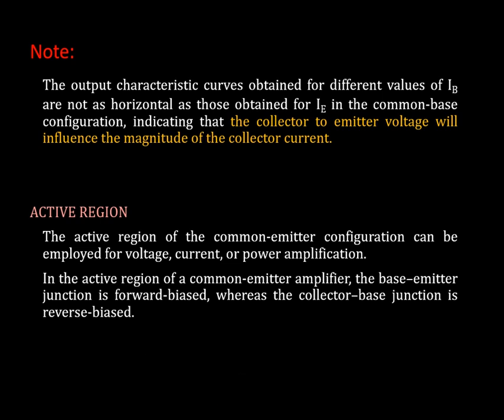Now one point to note here is that the collector to emitter voltage will influence the magnitude of the collector current in common emitter configuration. This one also we discussed. The active region of the common emitter configuration can be employed for voltage, current or power amplification, that is, when the emitter base junction is forward biased and the collector base junction is reverse biased.